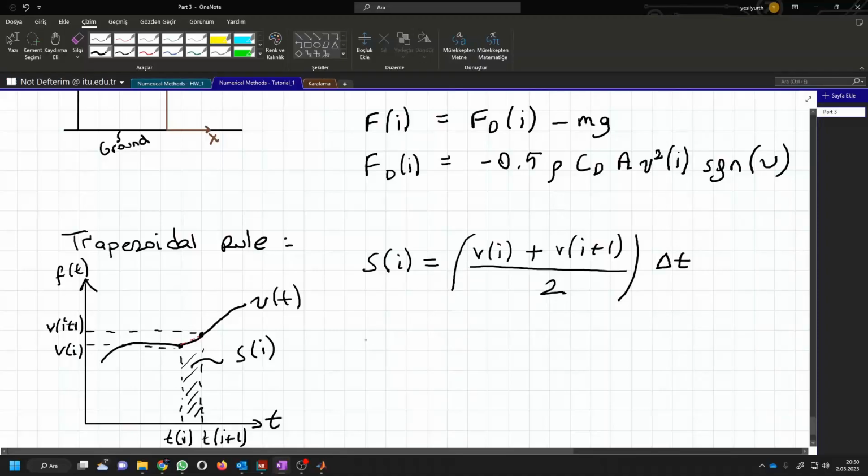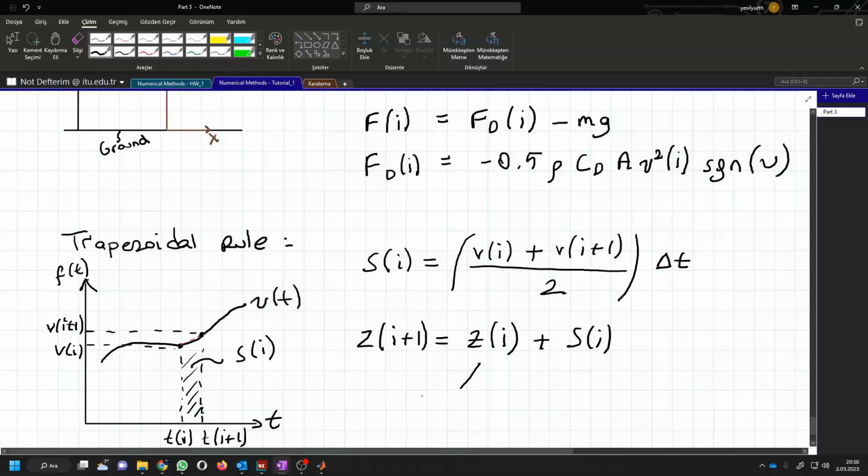To calculate the current position or the future position of the body, Zi plus 1, I need to sum Zi, the previous position value, with my last value, Si.